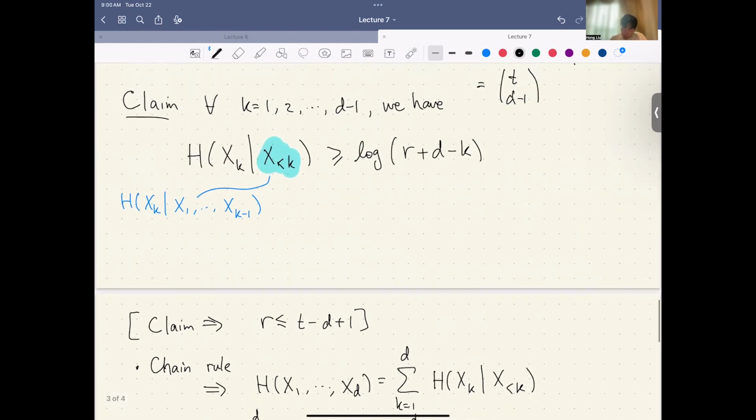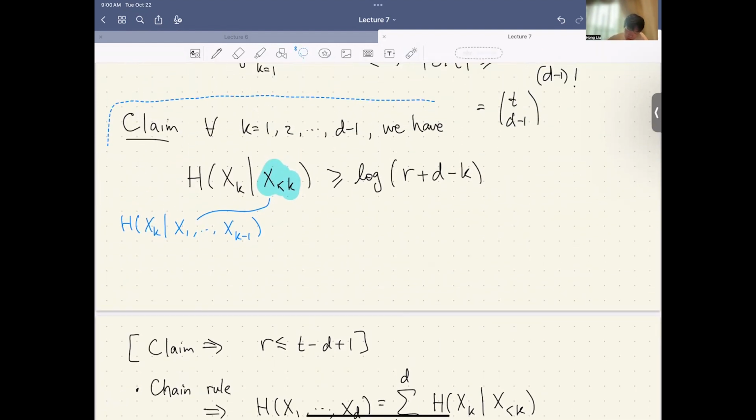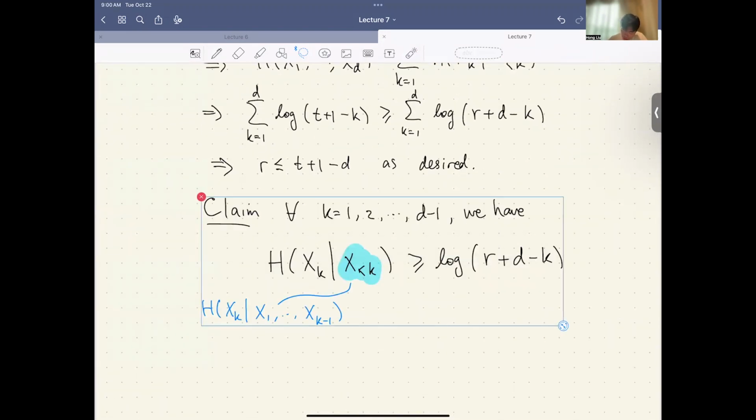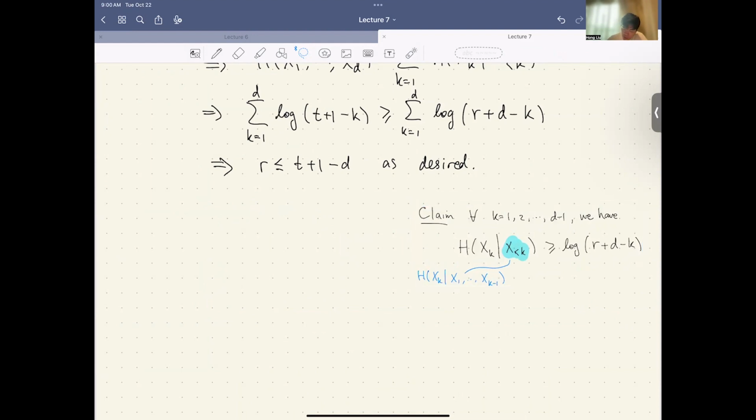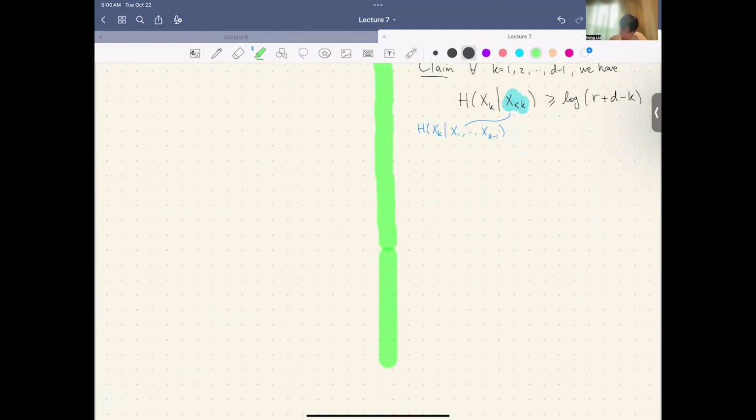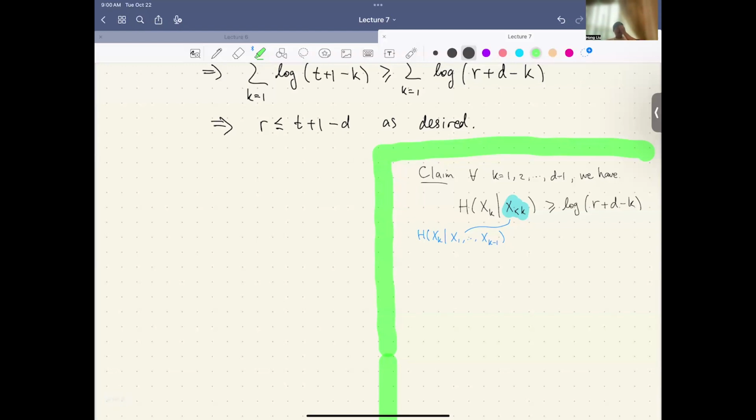So let's prove this claim. Let's just first prove it, and then we'll explain some of the meanings of the inequalities involved.